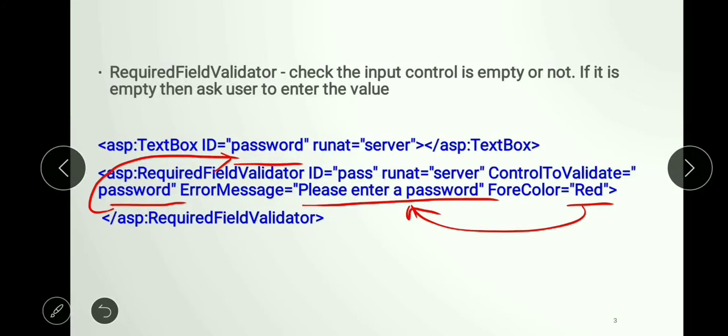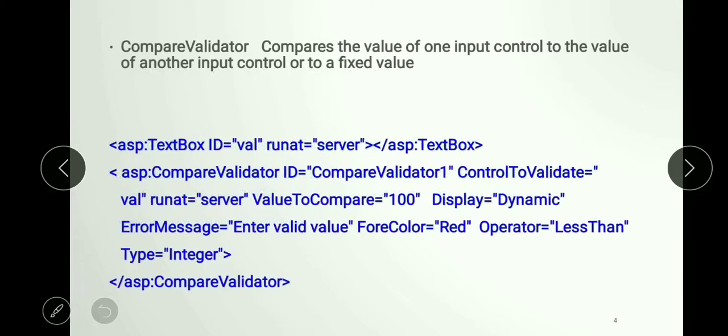Let's see another validation control, that is the compare validator. The compare validator is used for comparing one input control value to another input control value or to a fixed constant value.